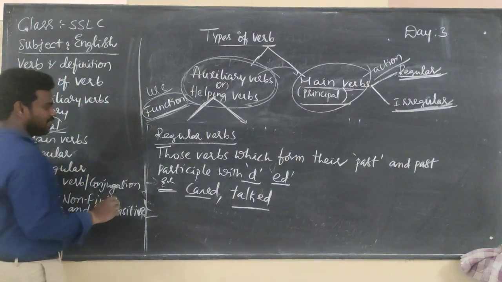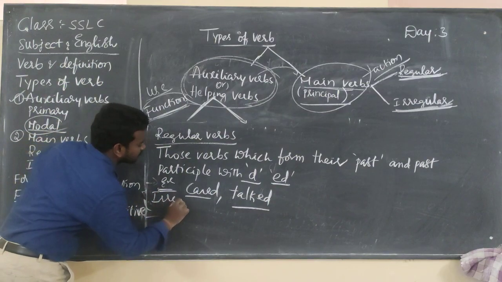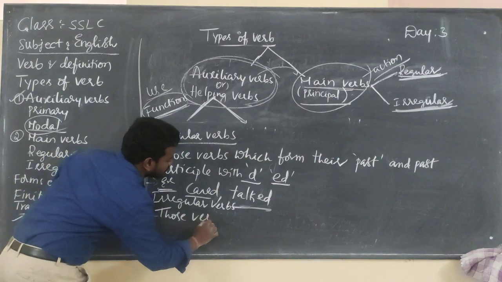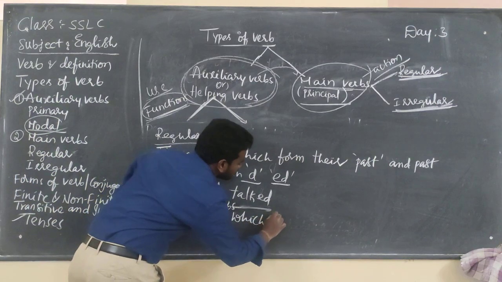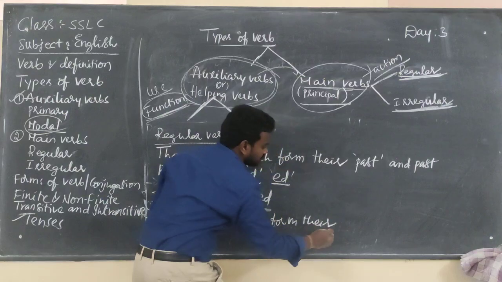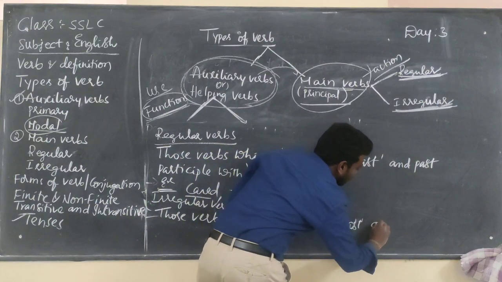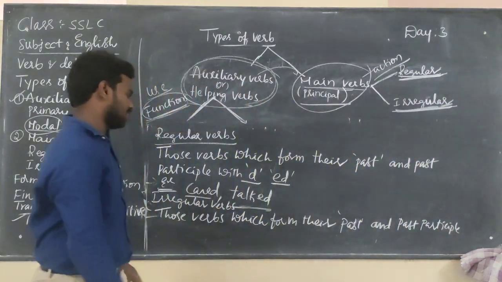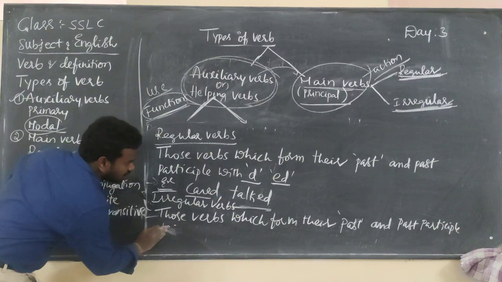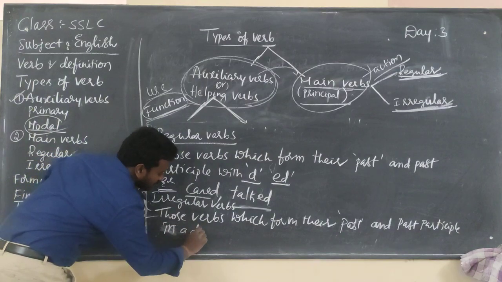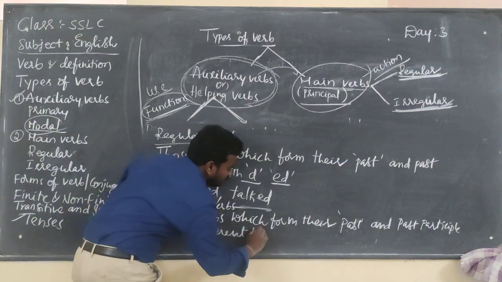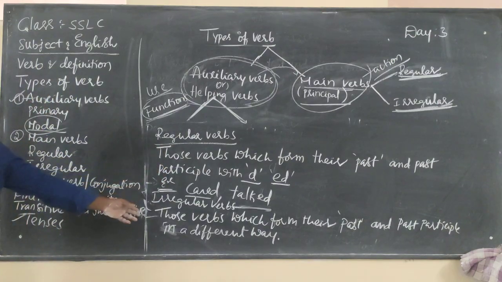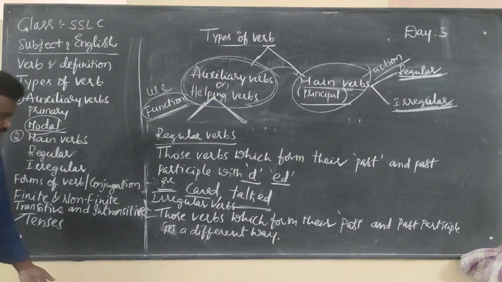What are irregular verbs? Irregular verbs are those verbs which form their past and past participle in a different way. Here, the past and past participle are not formed the same way as in regular verbs.